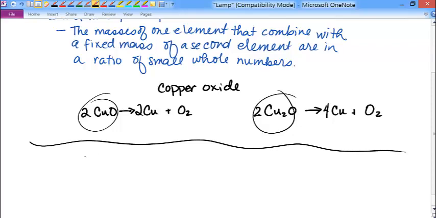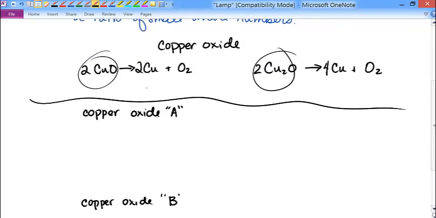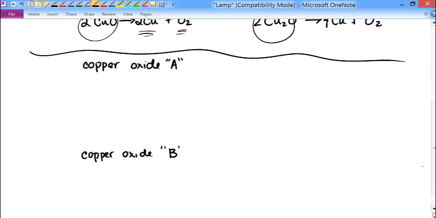And in that lab, we had a sample of, we'll just call this copper oxide A. And let's say that we also have copper oxide B. And if we were to do a lab where it was heated up and it decomposed, in both cases, no matter what copper oxide it is, our products would be copper in the end and oxygen in the end. But let's say we took some data.